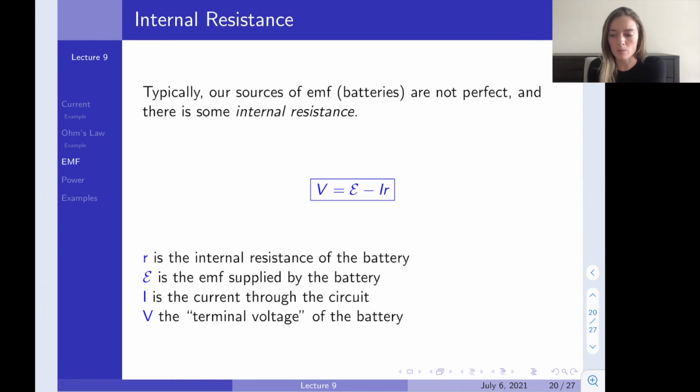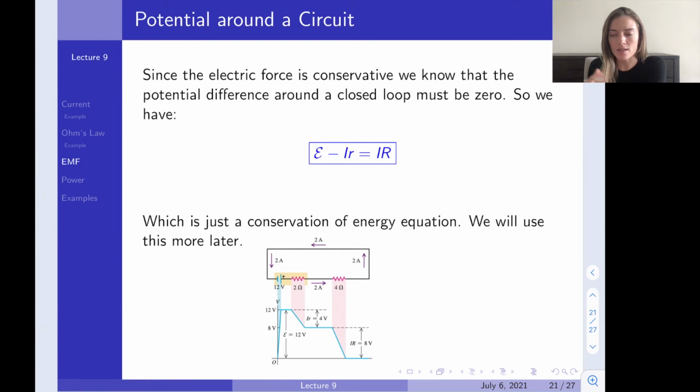So let's look at this a little bit more carefully now. We said that the electric force is conservative when we have a static electric field. In this case, we do. Even though the charges are moving, the electric field is static. It's just some constant value. So we know that the potential difference around a closed loop in a complete circuit must be zero because the force is conservative.